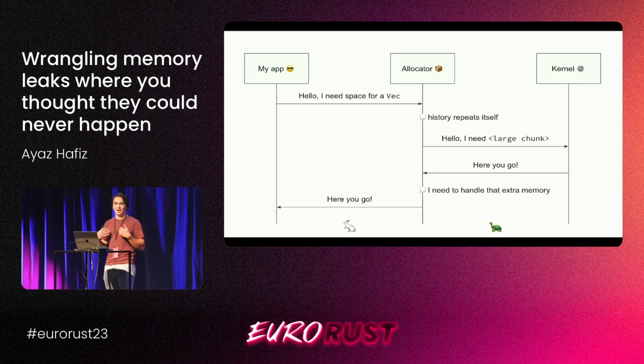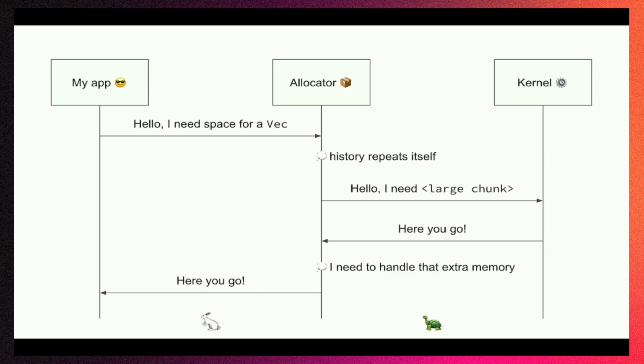So maybe I'm an application and I'm like, well, I need some space for a vector because I have something I need to do. So I go to my allocator and I'm like, hey, can I please get some space for a vector? And the allocator says, you know, I would love to give you some space, but actually I don't have any memory free myself right now. So I need to go talk to the kernel, get that space for you, and then I'll give you back what you need.